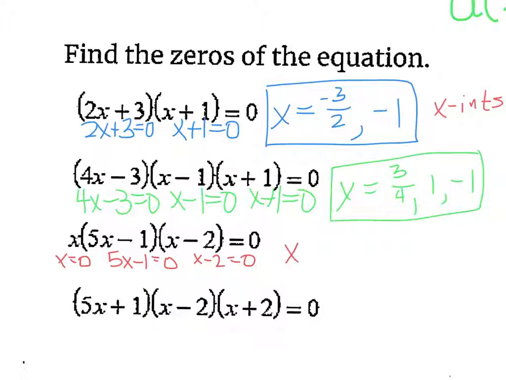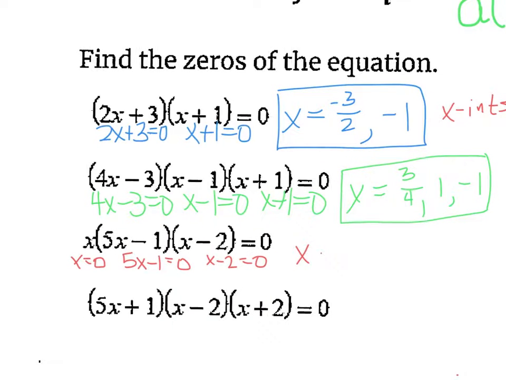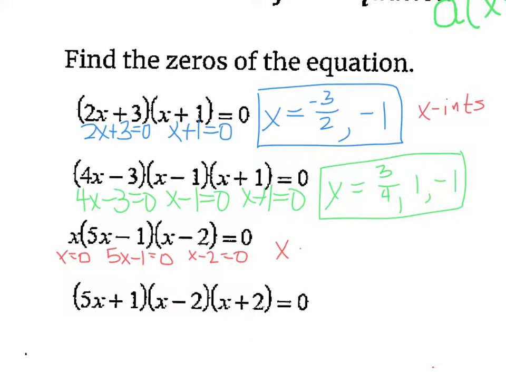That gives us solutions, or zeros, or x-intercepts, where x is equal to 0, 1/5, and 2. We have three solutions again, just like you can see that there's three factors with x in it.